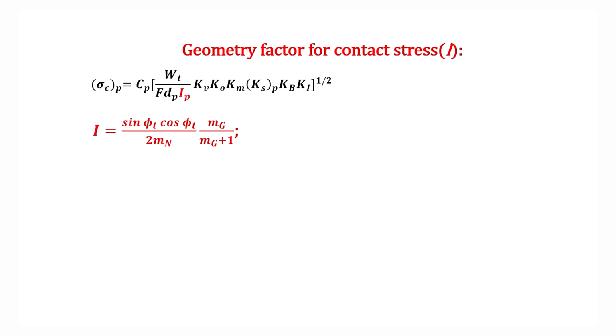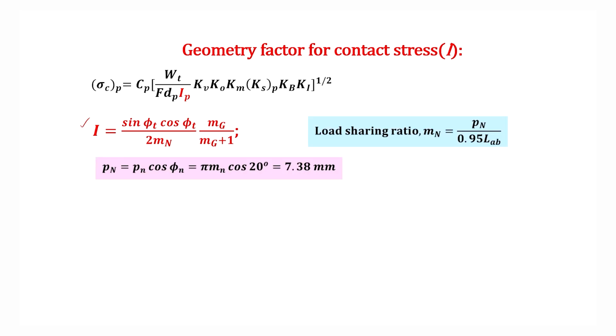Then I is determined from this formula, which is sin phi t cos phi t divided by 2 mn, times mg divided by mg plus 1. So, we have all these values. We can find mn, which is equal to Pn divided by 0.95 Lab, and Pn is equal to the normal pitch times cos of the normal pressure angle, and normal pitch is equal to pi multiplied by normal module.